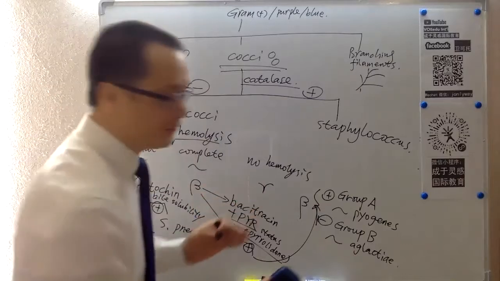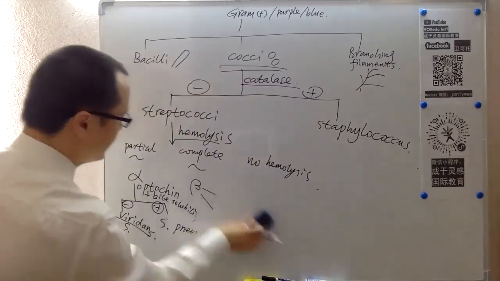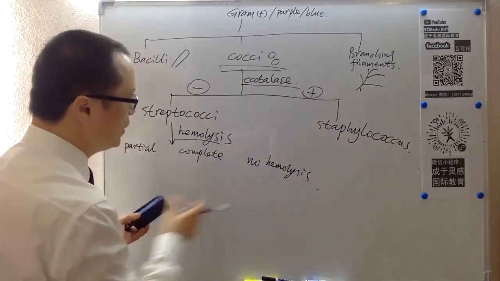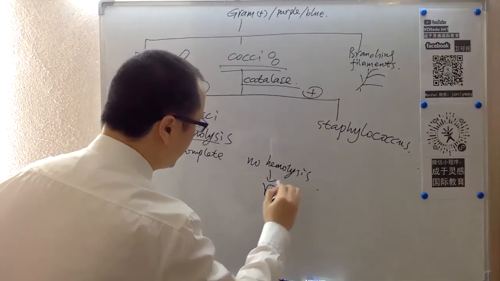I would like to wipe it off and leave the blank room for the gamma streptococci. If there is no hemolysis, the streptococci should be named gamma.